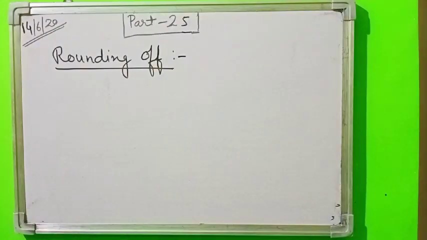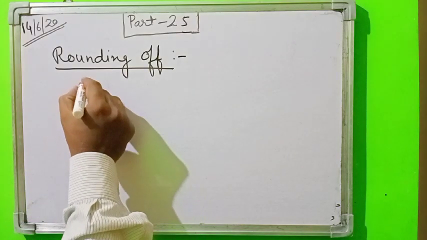So rounding off simply means getting the approximate value of a quantity which contains certain superfluous and doubtful figures.